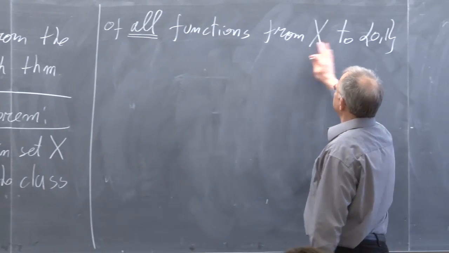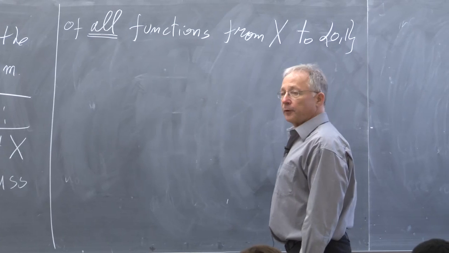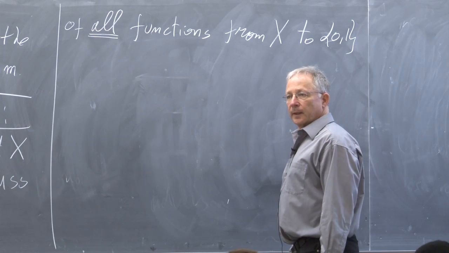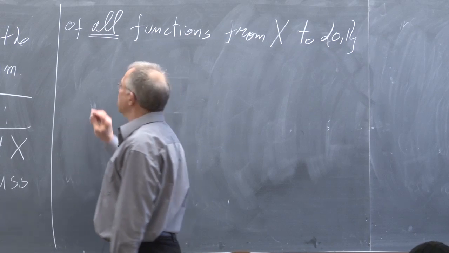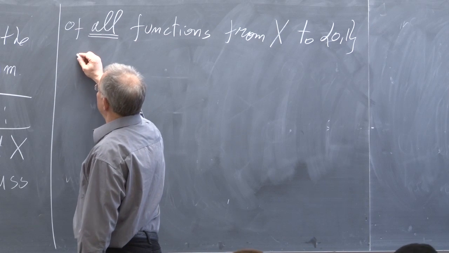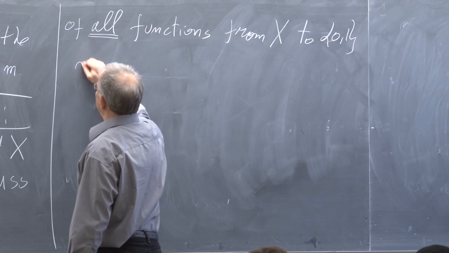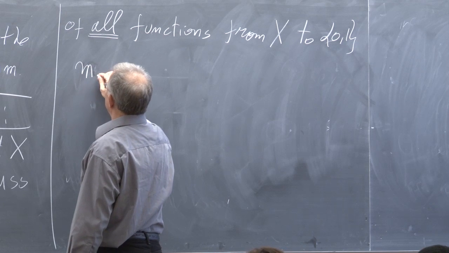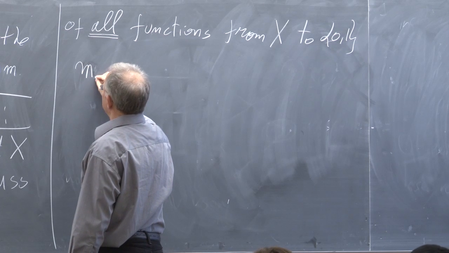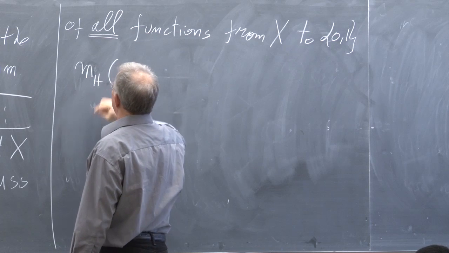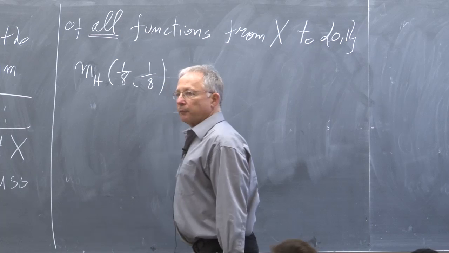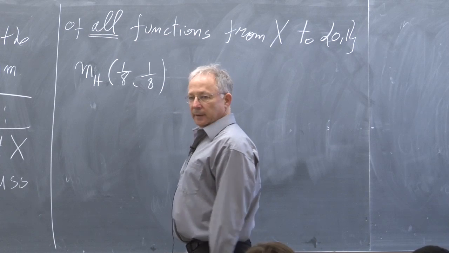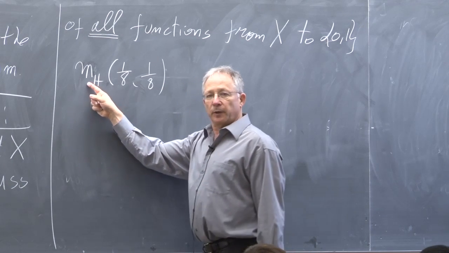Okay, so in what sense is it difficult? We look at the class of all possible functions. Then if we look at m_H of, say, epsilon equal 1/8, delta equal 1/8. Let me remind you what this means.